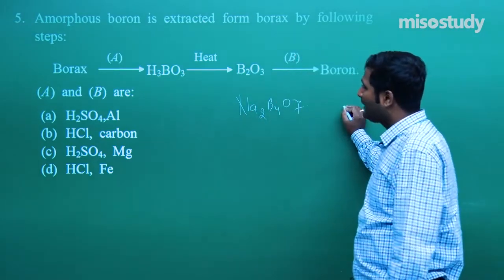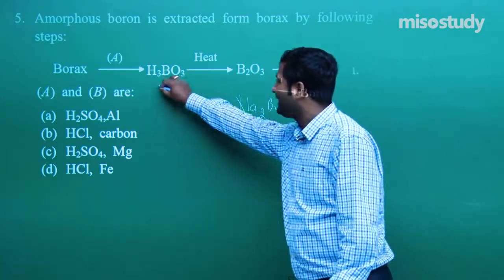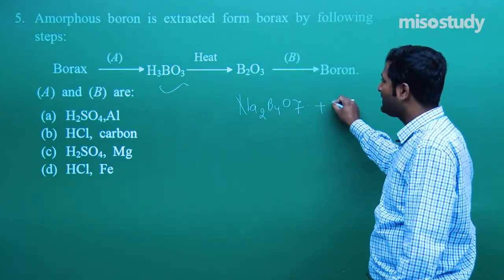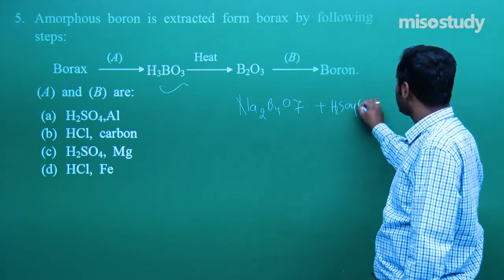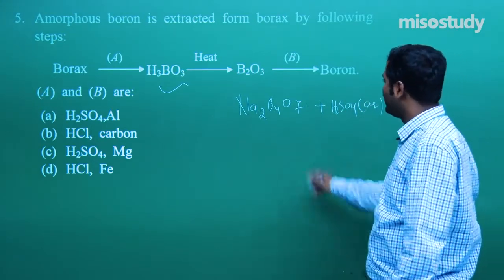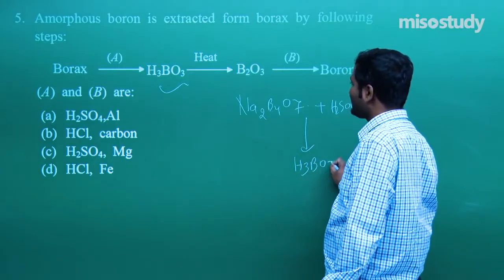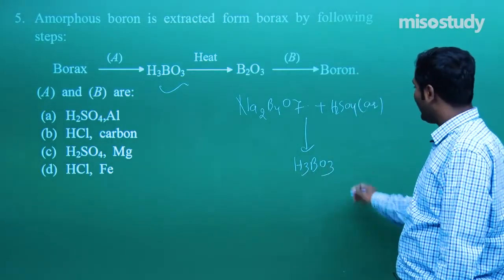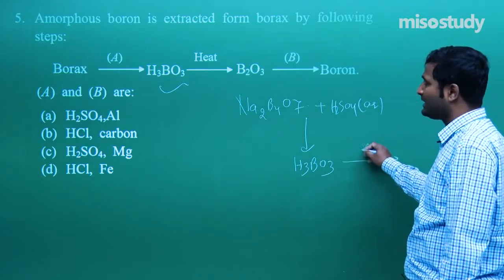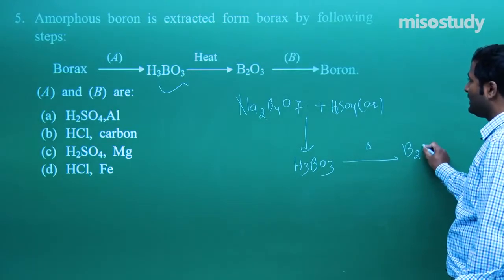Na2B4O7. Now H3BO3: when borax is treated with aqueous H2SO4, it gives H3BO3 as the main product. And when H3BO3 is heated, it gives B2O3.